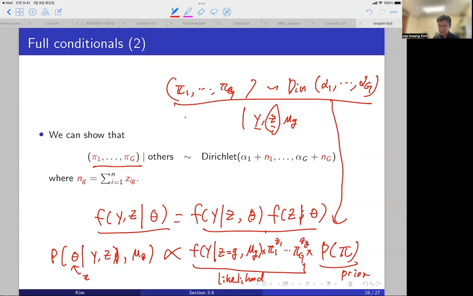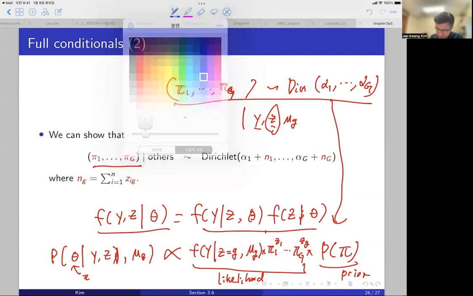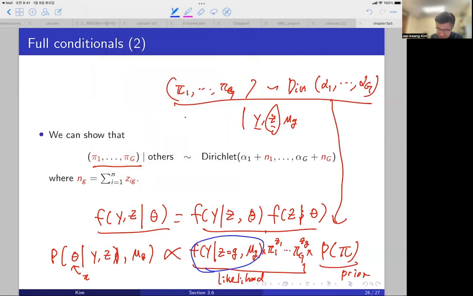And then the first term is essentially constant with respect to pi. It doesn't really depend on pi. Because we only care about the distribution for pi, this is constant, and only the rest matters.